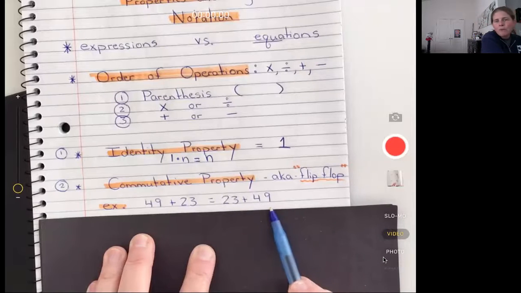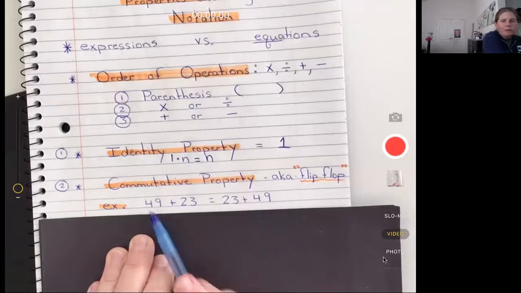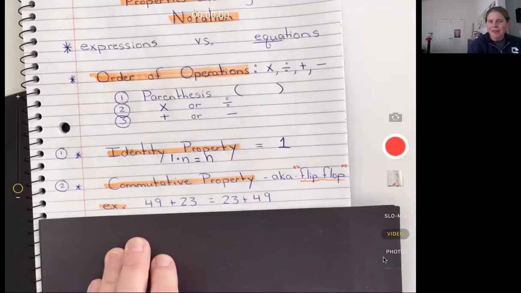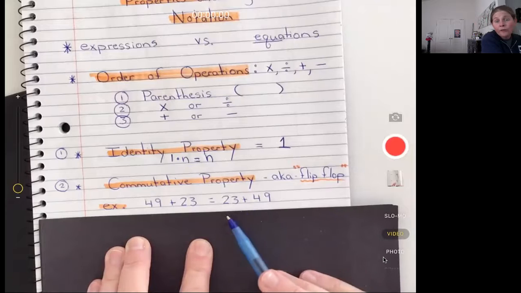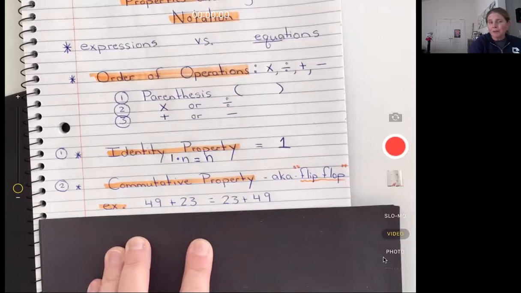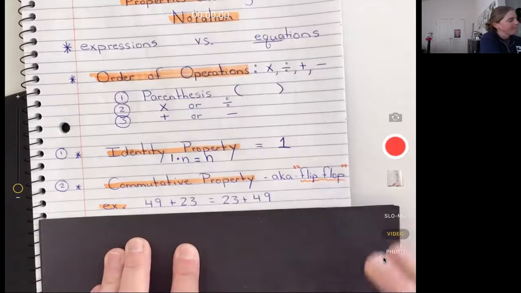It's the same thing. It doesn't matter if you go forwards or backwards. You will get the same thing. Okay, and you can use that with multiplication also. Addition and multiplication, not subtraction and not division. Okay, so remember commutative, flip-flop.